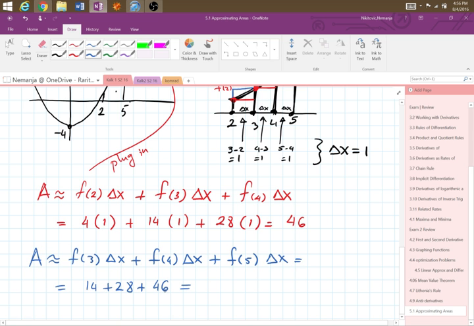So we have 14, 28, and 46, which gives 88. Good enough. So we have two numbers now that are approximating the same area.